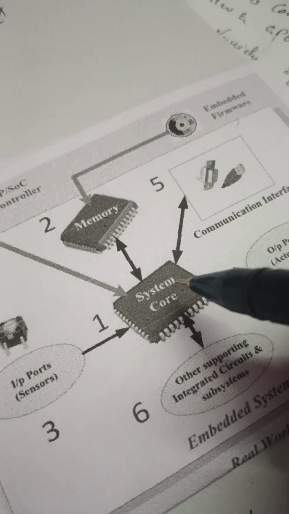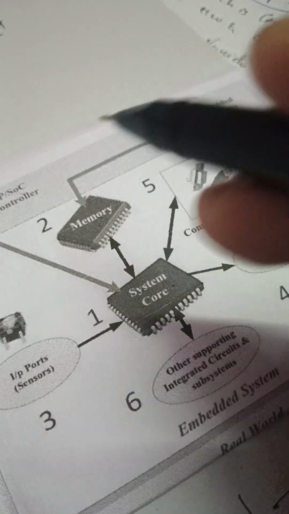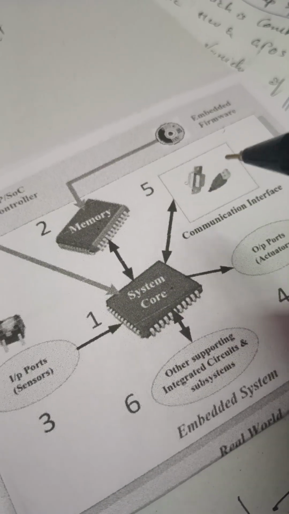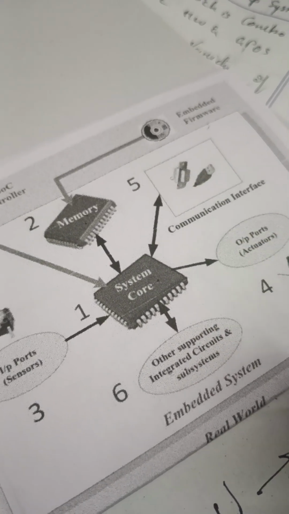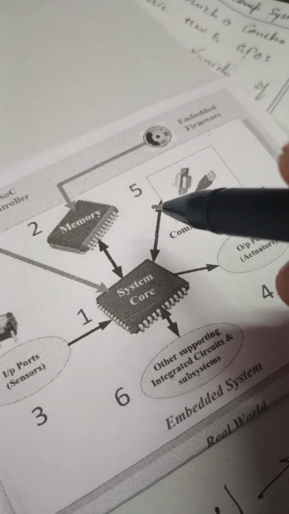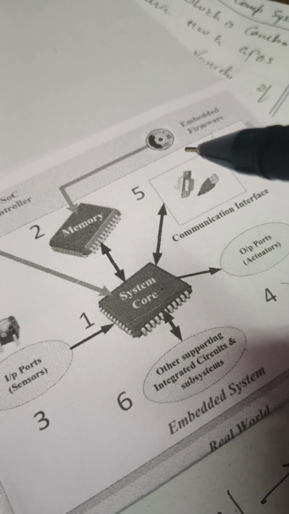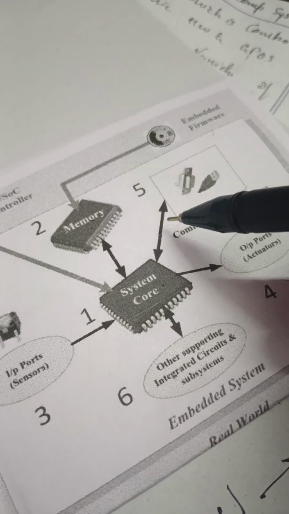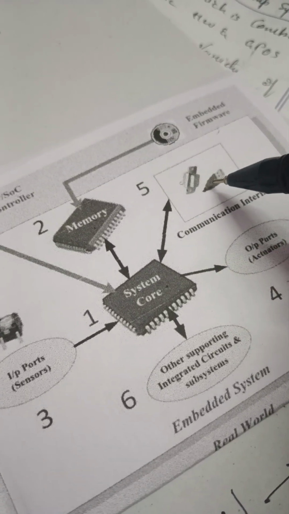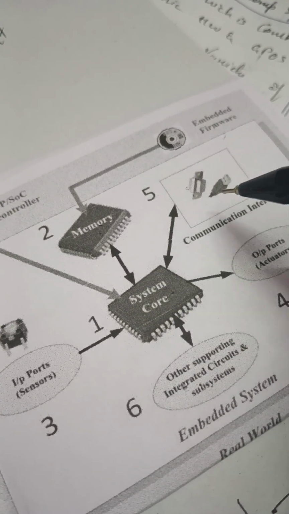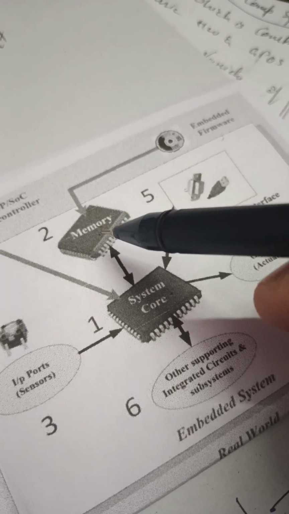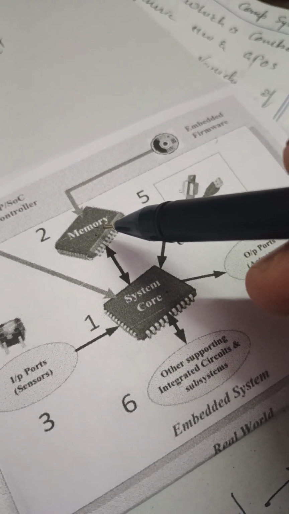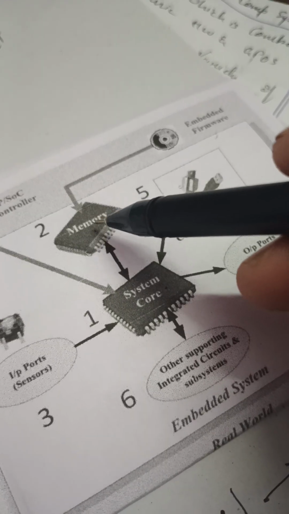We upload the code, we upload the algorithm that this embedded system needs to perform, and in turn the system core gives the output via output ports or on the screen of the personal computer or laptop, etc. The reason it is two-way is because it is a two-way communication. We upload the code, the system gives the output. Same with the memory. The memory gives the data to the core, and the core stores this data or the algorithm in the memory.